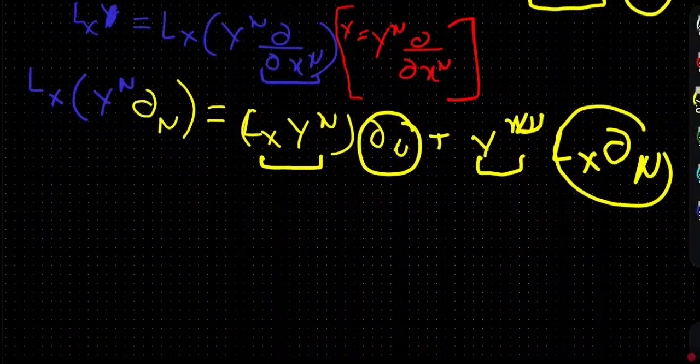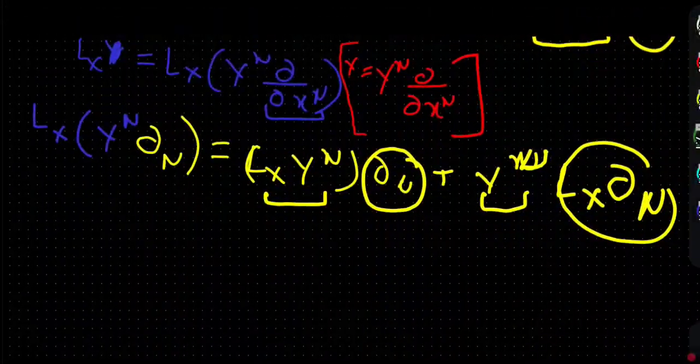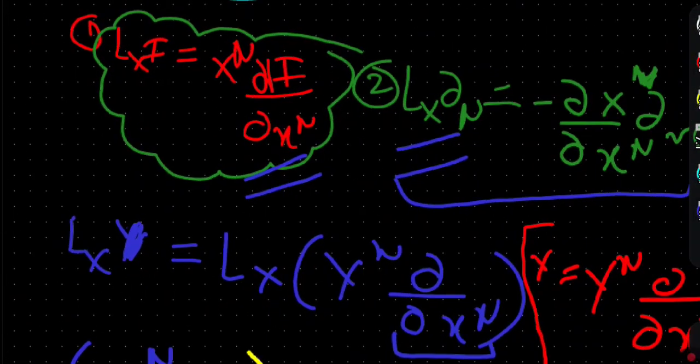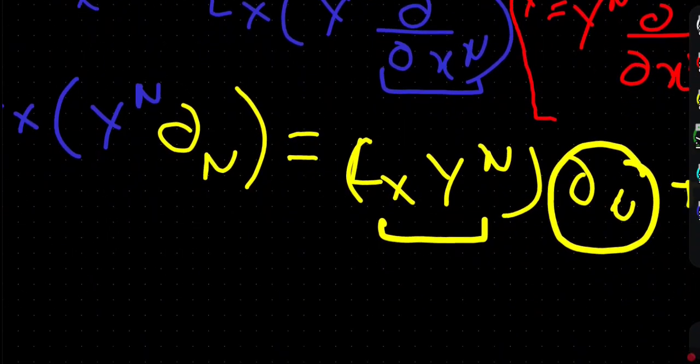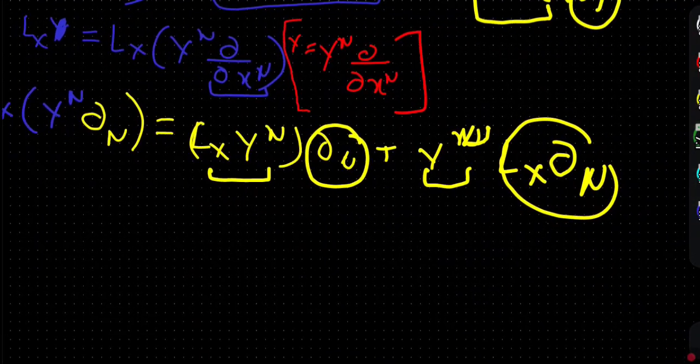Now the main game is the result that we have derived: what will happen if this Lie derivative acts on any arbitrary function f. We can write this as this. So here our f is Y^μ. Using that particular analogy, we can write this result as X^ν ∂Y^μ/∂x^ν ∂_μ.